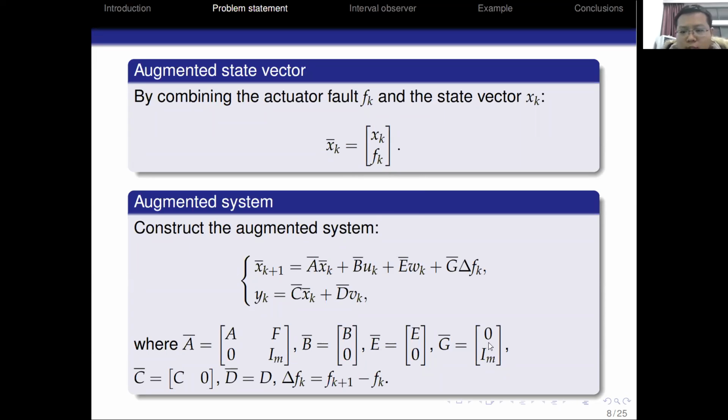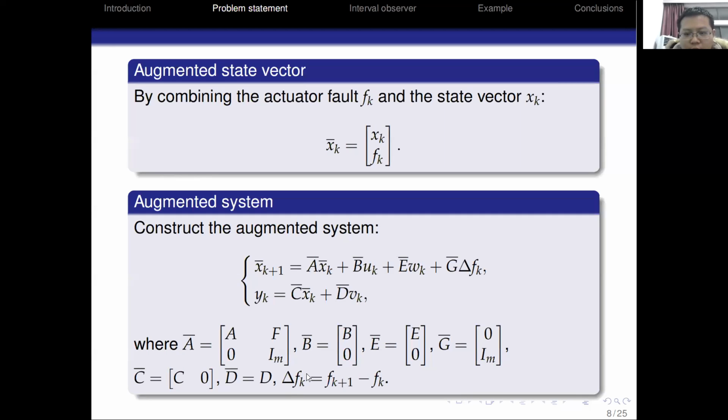In this system, we have put the fault and the state vector into just one vector. If the bottom row of xk bar is not 0, you can find the system is in fault.